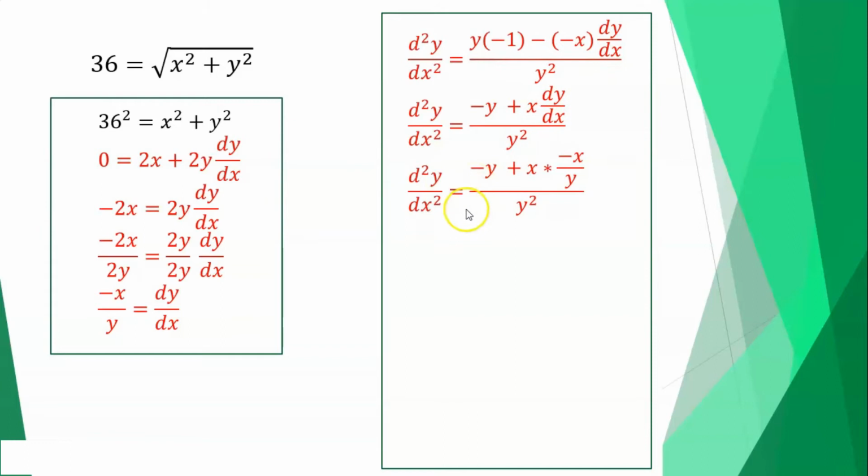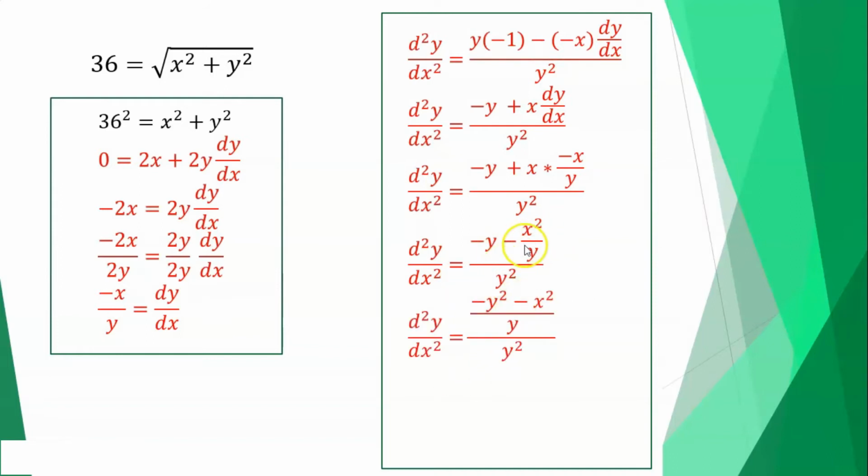Simplifying this one further, take note, dy/dx is equivalent to negative x over y. So we replace that here. Simplifying further, this would become negative y minus x squared over y, all over y squared.